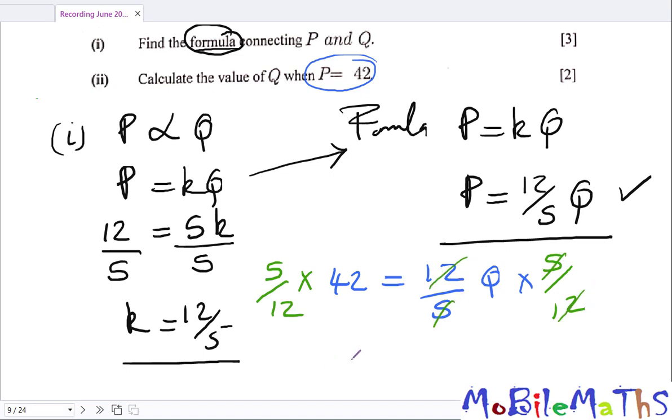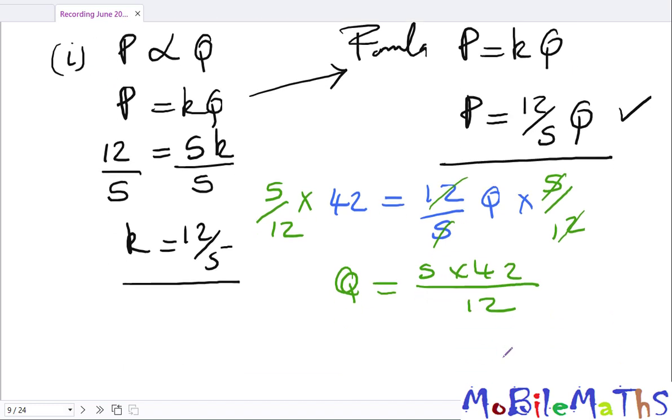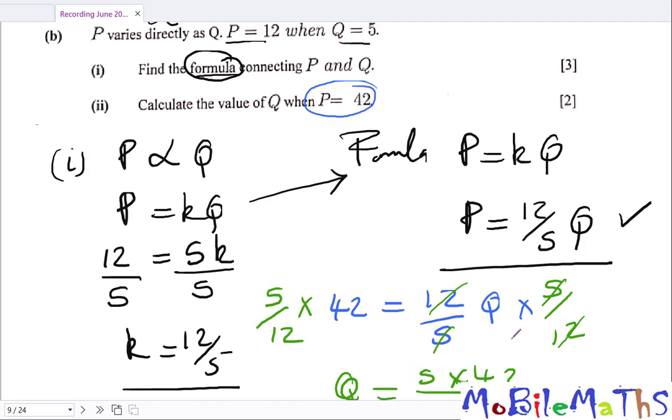So I'll get my Q is equal to 5 times 42 divided by 12. Multiplying here, 5 by 42, I'm getting my Q is equal to 17.5. That's the value of Q there, and you get yourself 2 marks.